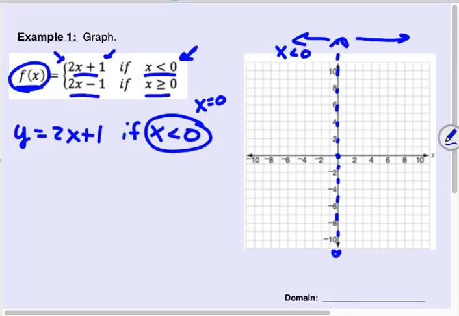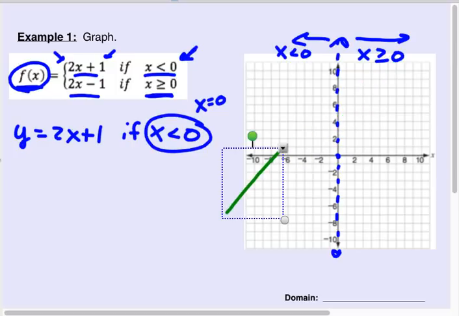On this side of the graph, our constraint for the second one is greater than or equal to, so I'm going to say x is greater than or equal to 0. So no matter what, if I graph a line, if I want less than 0, I would only want this part of the line. If I want greater than 0, well then I'd want this part of the line, because that's where you're dealing with all your x values that are greater than 0.